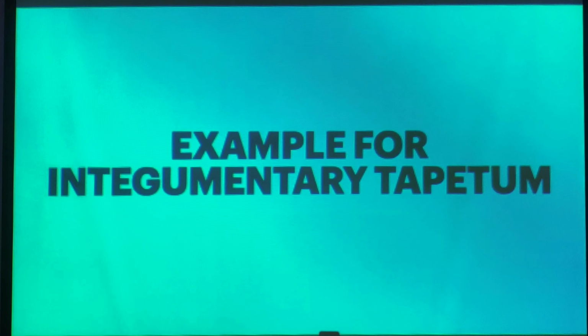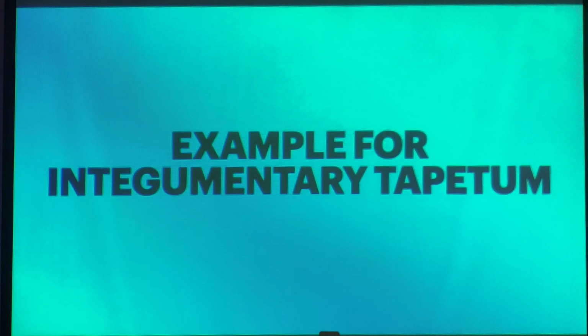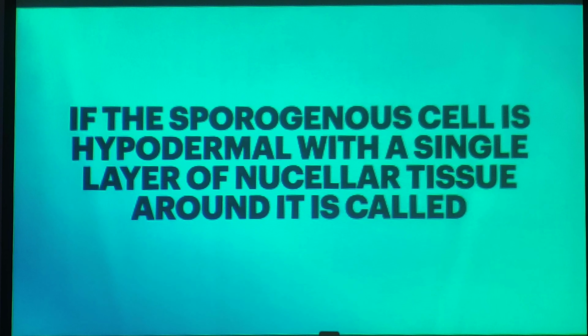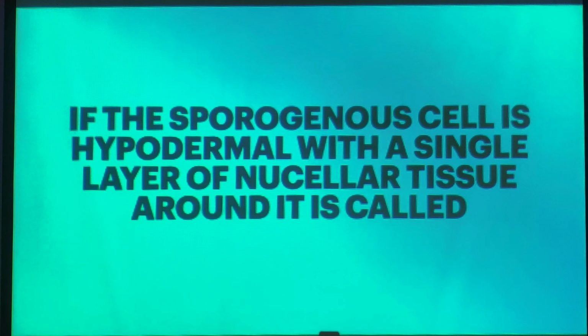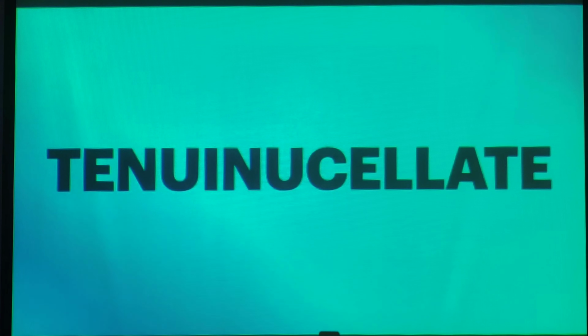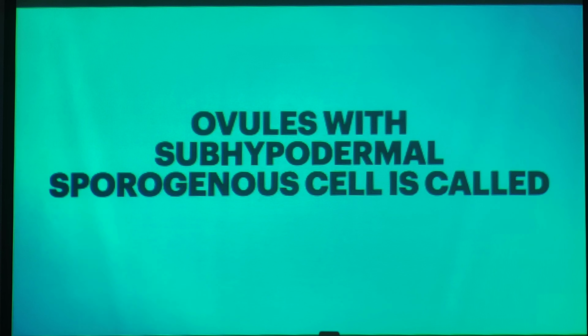Example for integumentary tapetum: Asteraceae family. If the sporogenous cell is hypodermal with a single layer of nucellar tissue around it, it is called teninucellate.